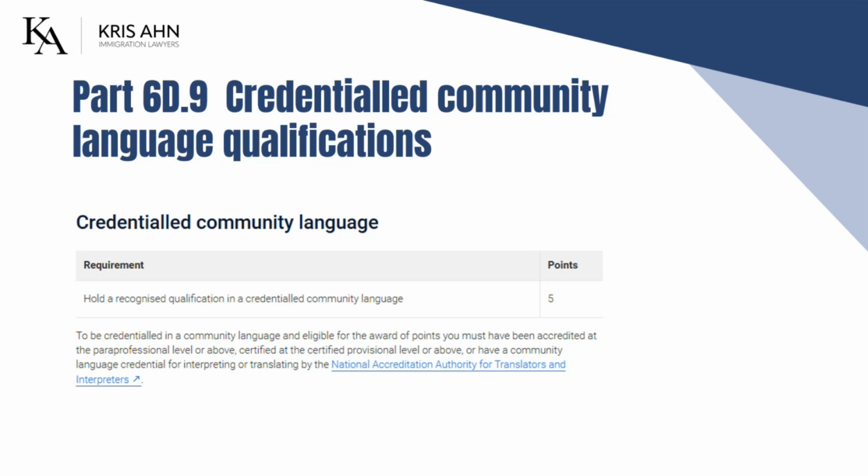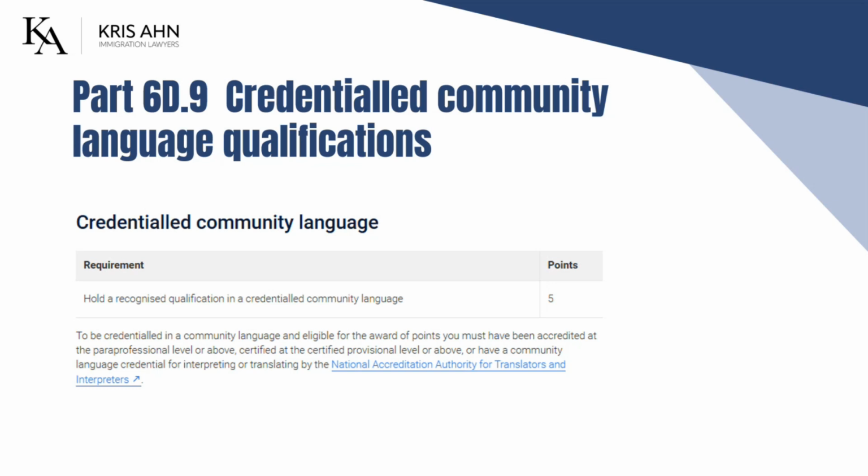I think it's a short course or exam, and you study for it, get the certificate and you can get 5 points. I see a lot of people who do this out of desperation because they've got 60 points and want to meet the pass mark to get into the pool. So they'll do this to get to 65 points.